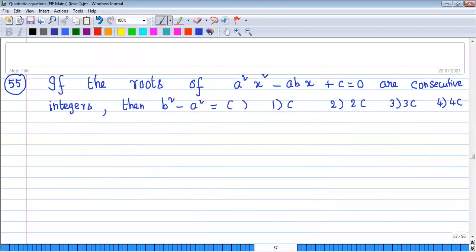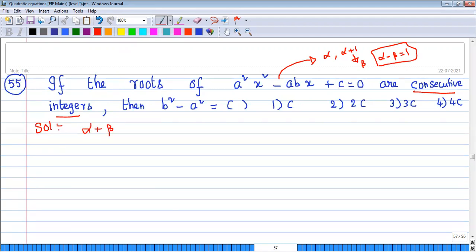See, roots are consecutive integers. Let us say roots be alpha and alpha plus 1. Say this is beta. Obviously, alpha minus beta becomes 1. So if you say alpha comma beta, alpha plus beta is equal to ab upon a square.